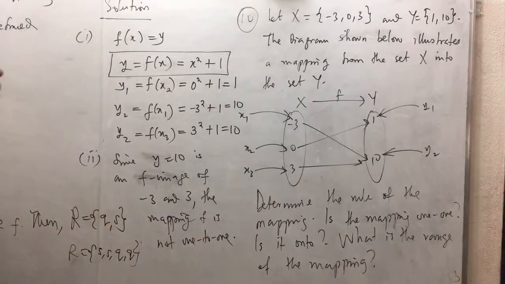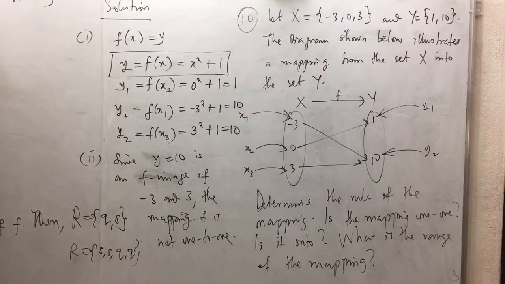So in a 1-to-1 mapping, no elements of the domain share an image. Okay? So that being said, let us go to III, the third question.